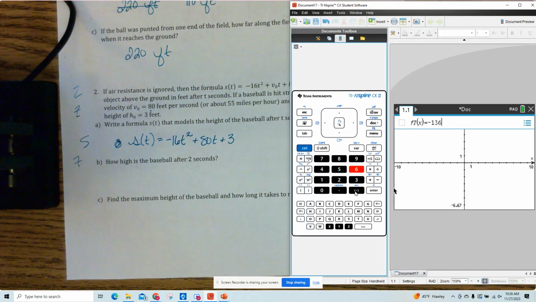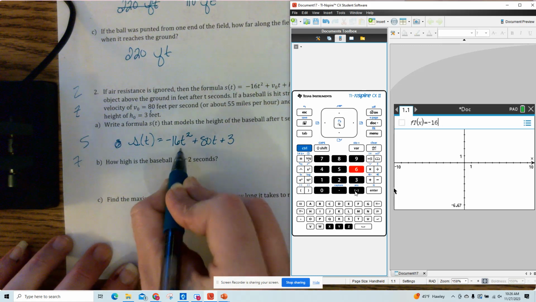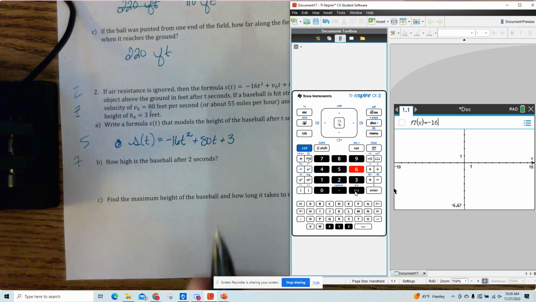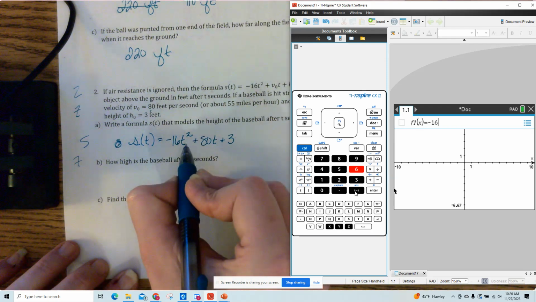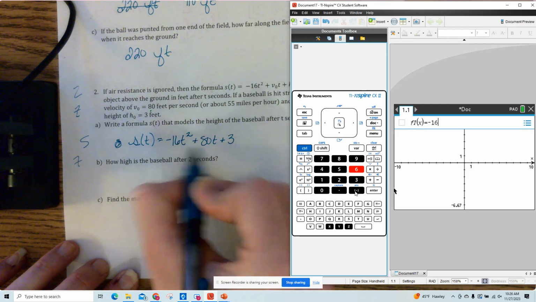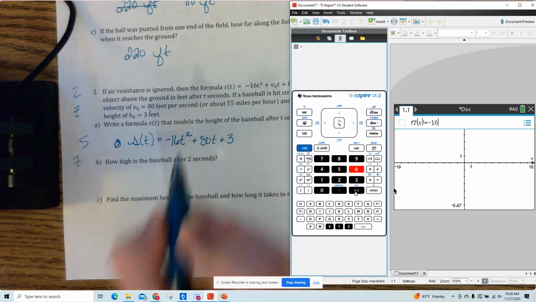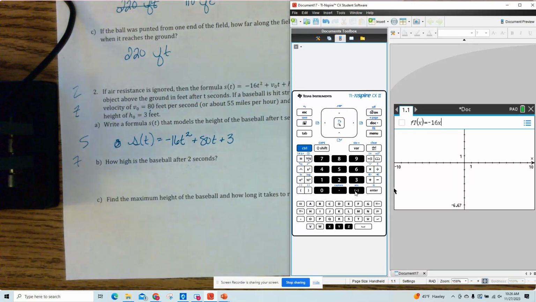Now, you could plug a 2 in there for that T and work it out, right? In your calculator, you can't put T's. So if you write your equation with T's, if you type it in the calculator, you have to do X's. Okay. 2 seconds. Is that going to be an X value or a Y value?